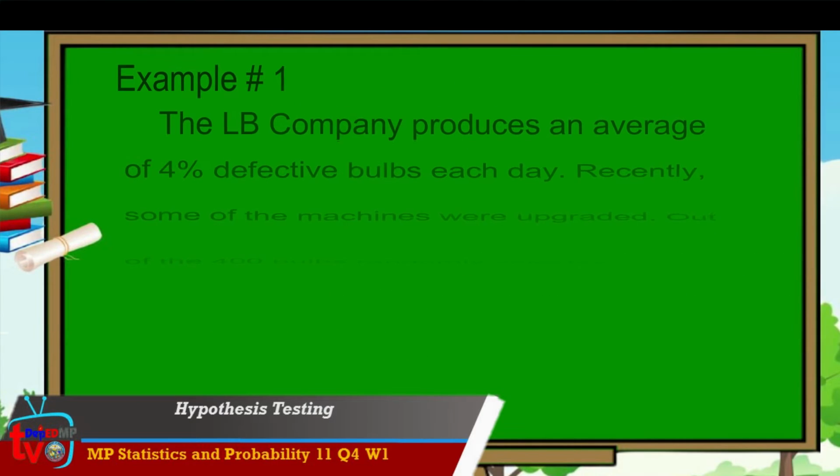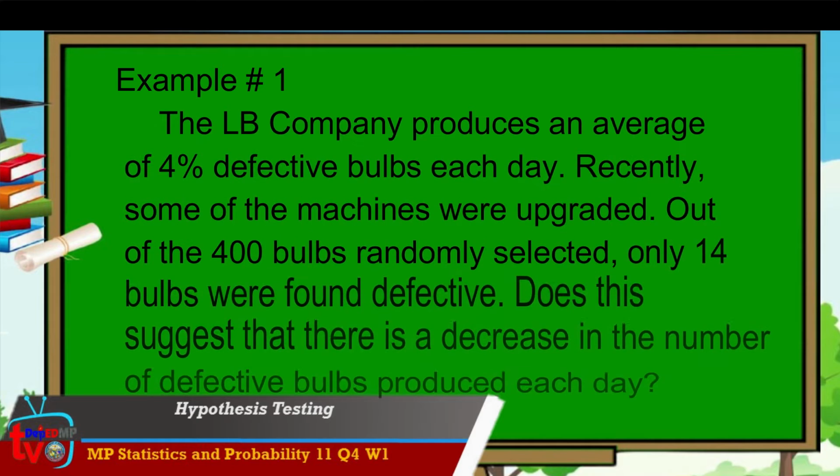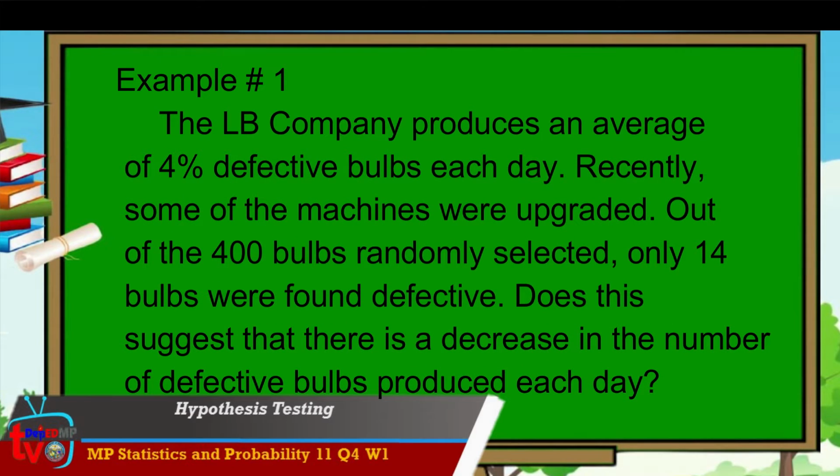Example number 1. The LB company produces an average of 4% defective bulbs each day. Recently, some of the machines were upgraded. Out of the 400 bulbs randomly selected, only 14 bulbs were found defective. Does this suggest that there is a decrease in the number of defective bulbs produced each day?